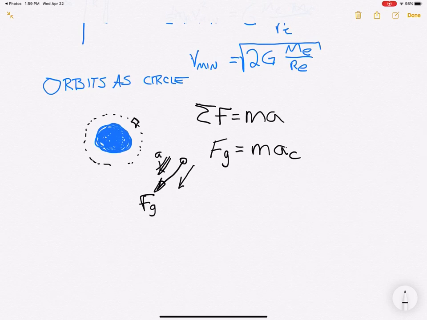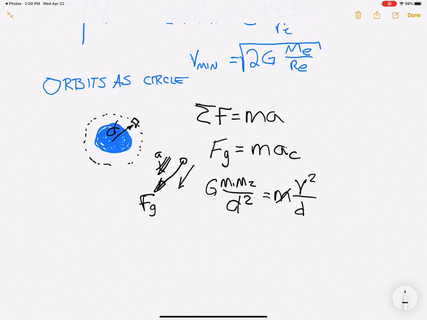The force of gravity, G M1 M2 over d squared, where d is from the center of the Earth to the center of the other object, is going to equal mass times v squared over that same d instead of using r.